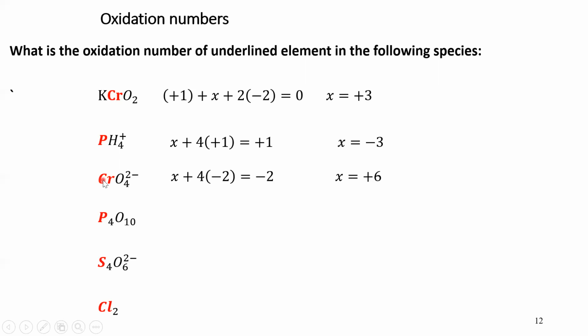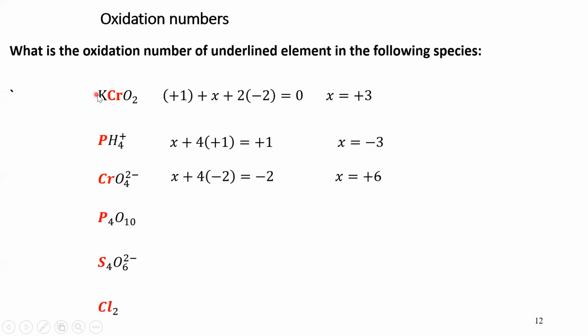X plus 4 times -2, oxygen is almost always a -2, equals -2. So we've got X minus 8 equals -2. Add 8 to both sides, X equals +6.